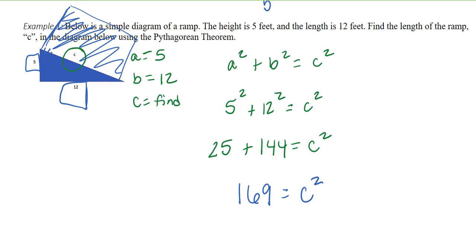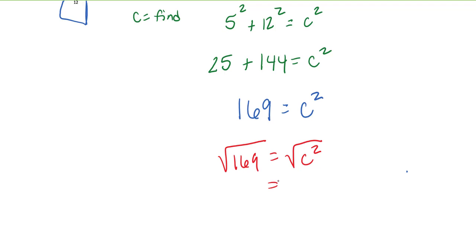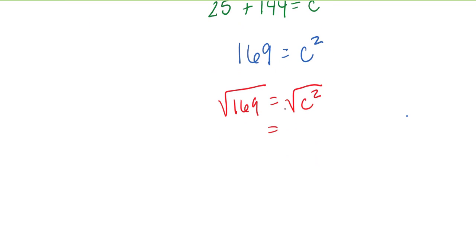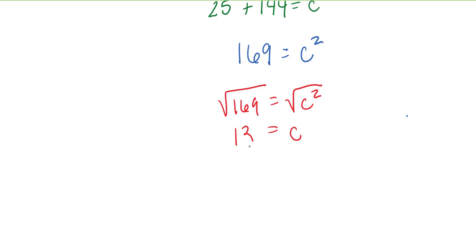So in order just to find this one side, C, what we do is we just go ahead and take the square root on both sides. So what is that? On the right-hand side now, if we take the square root of something like C squared, it's just equal to C. Now when we get our calculators out, we take the square root of 169, so we have our 169, and then we see this button over here, we take the square root, and that's equal to 13.